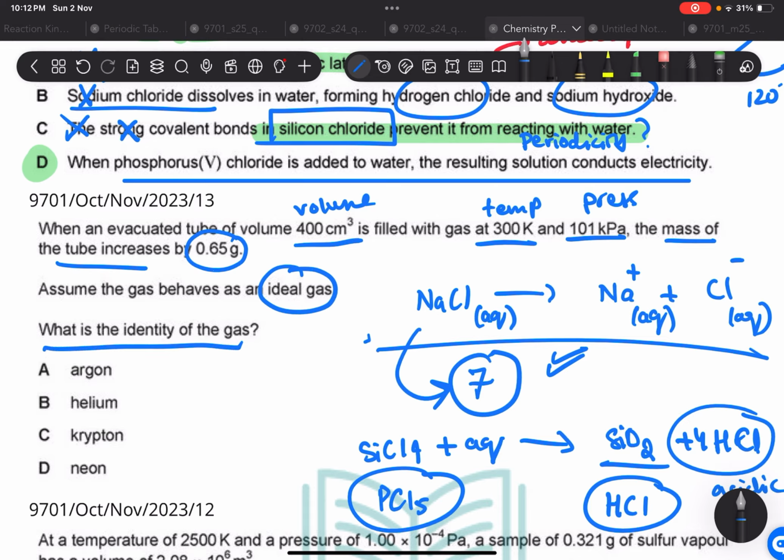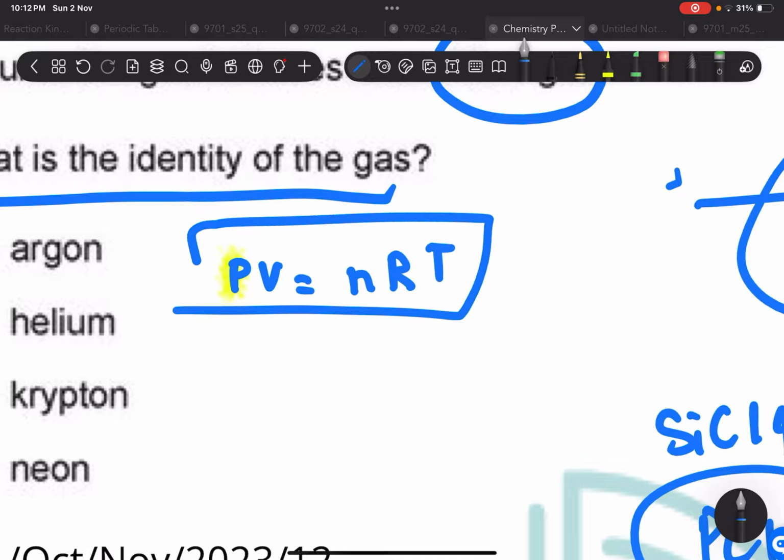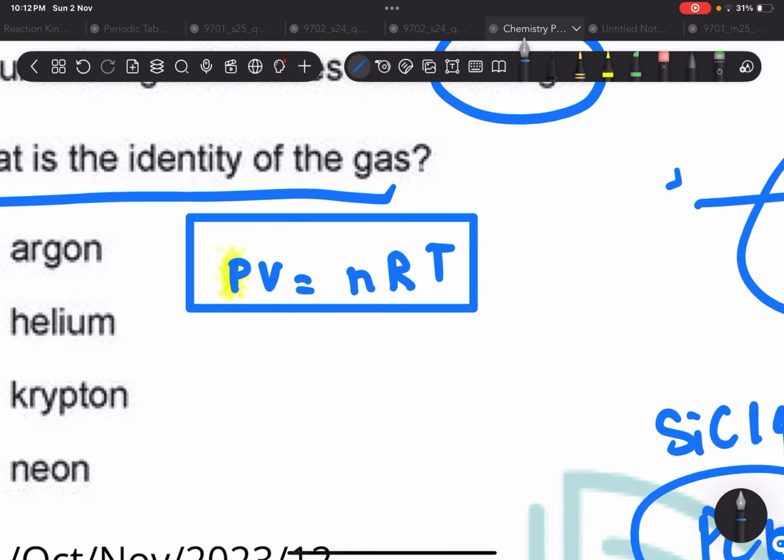It might seem confusing, might seem challenging to some of you, but it's actually very, very simple. You should just know the formula for an ideal gas. If you have any ideal gas, it's one formula, which is PV equals nRT. This is the ideal gas formula that you should know for all gases that behave ideally. What is P, what is V, what is n, what is R, what is T?